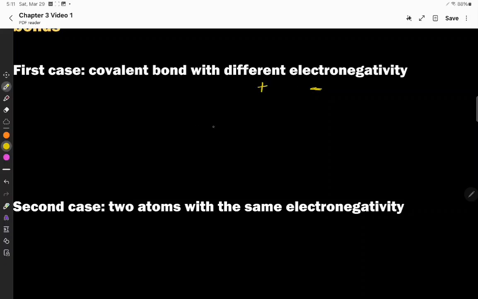For example, here HCl, and we have here NaH. Chlorine is more electronegative, so it will be negative and hydrogen will be positive. In NaH, hydrogen is more electronegative than sodium, so hydrogen will be negative and sodium will be positive. Hydrogen was in the first case positive, but in this case it is negative.